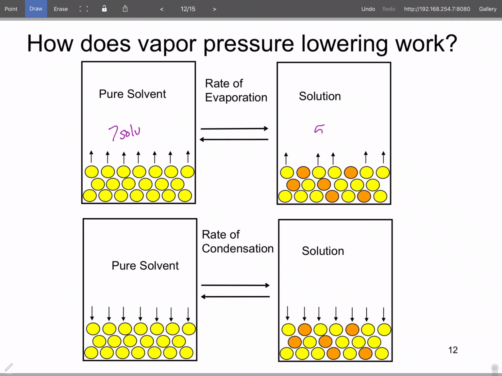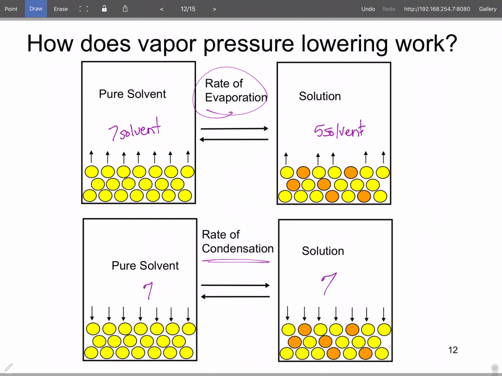Over here we only have 5 solvent particles evaporating. But because you can only take the solvent from the top layer, but when you condense, and that's rate of evaporation, when you condense, you don't care what you hit when you come down. You only care that you come down. So you're coming down at exactly the same rate.